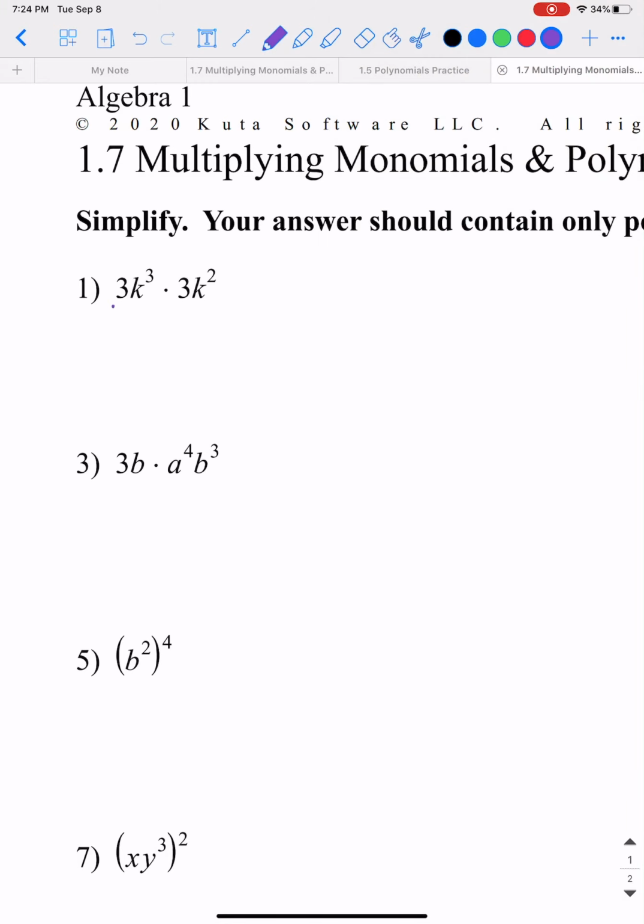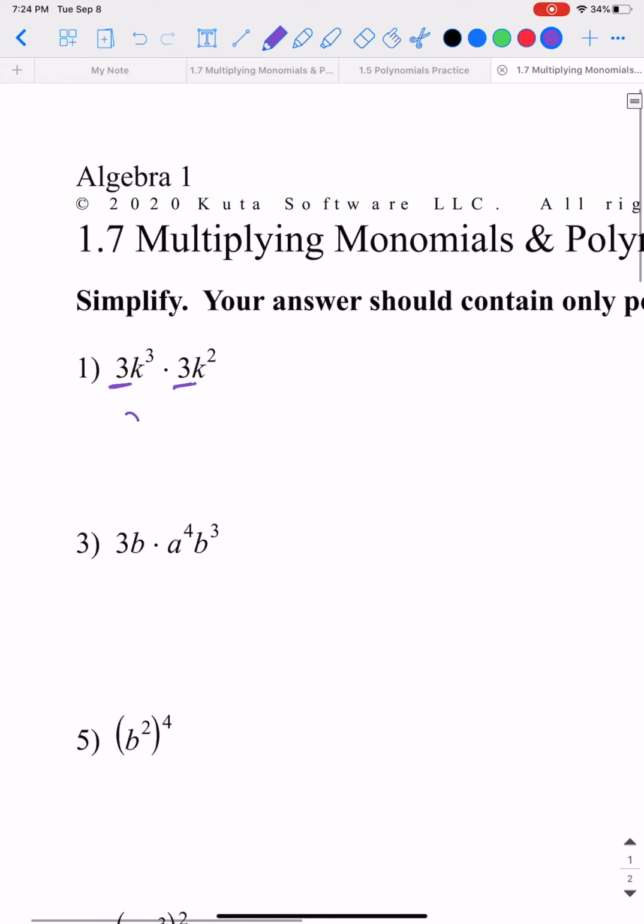So here my coefficients are 3 and 3, so we would just multiply those like normal. 3 times 3 is 9, and then we look at our variable. We have k to the third and k squared. Because these are the same variable, we would add our exponents, and 3 plus 2 would leave me with k to the 5th power, and that would be our final answer.